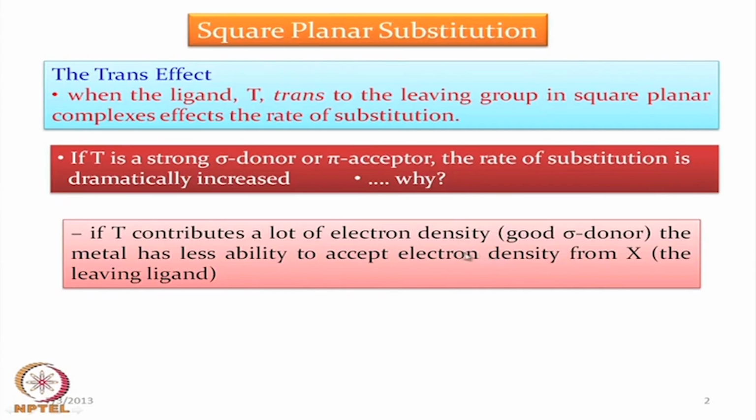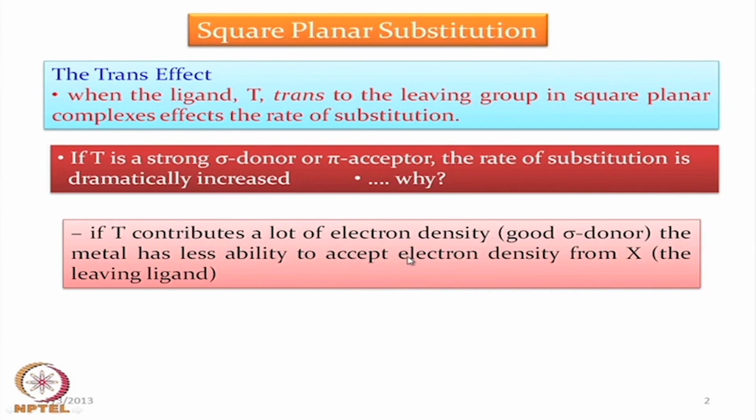If we compare the sigma donor ability of the ligand which is trans to the leaving group, the metal will have less ability to accept electron density from X. That means X is leaving the metal environment. There will be some competition between T and X in sharing the electron density of the metal center. If T and X are in the same linear line, that means they are trans to each other, then T is maximally providing electron density to the metal center.